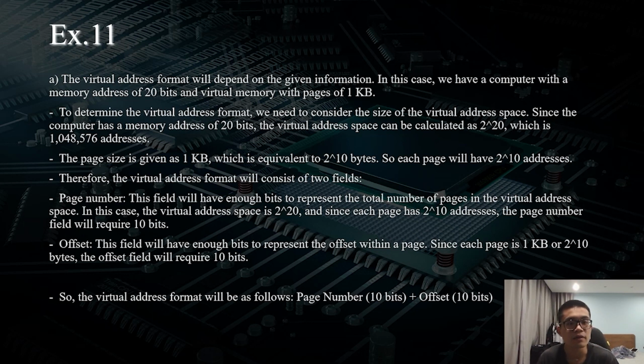Offset: this field will have enough bits to represent the offset within a page. Since each page is 1 kilobyte, the offset field will require 10 bits. So the virtual address format will be as follows: page number and the offset.